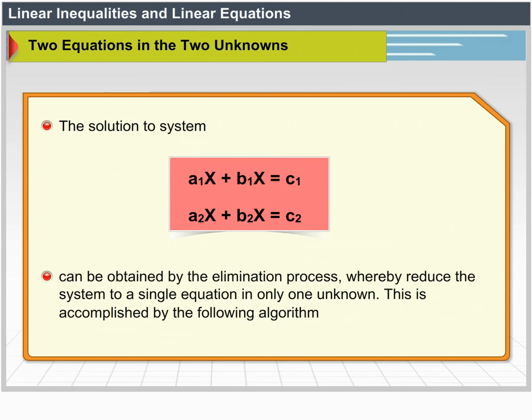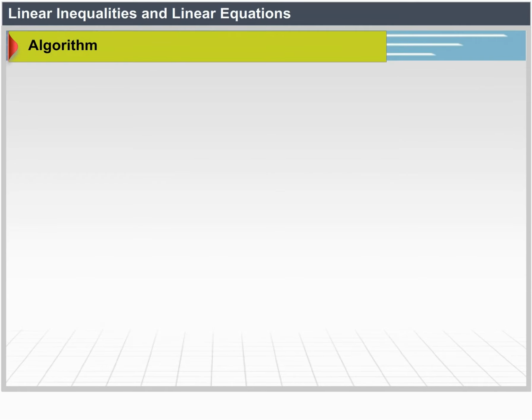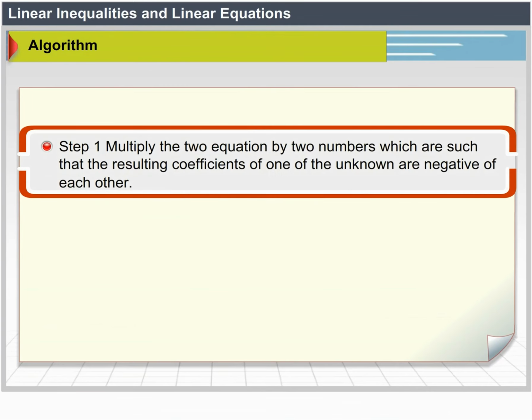obtained by the elimination process, whereby we reduce the system to a single equation in only one unknown. This is accomplished by the following algorithm. Step 1. Multiply the two equations by two numbers such that the resulting coefficients of one of the unknowns are negatives of each other.